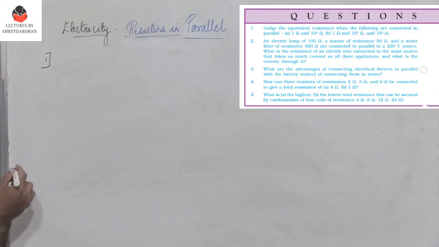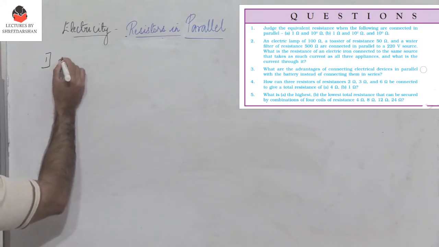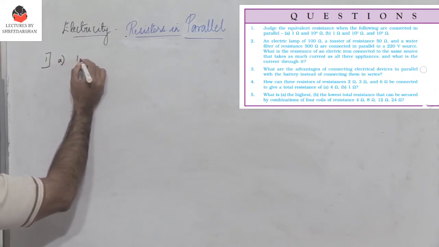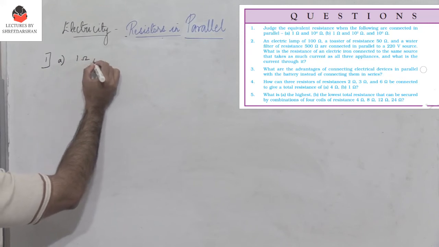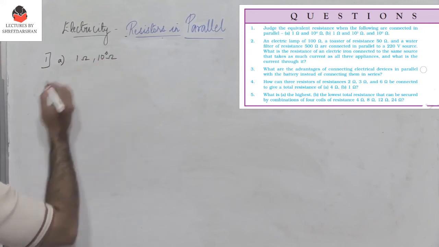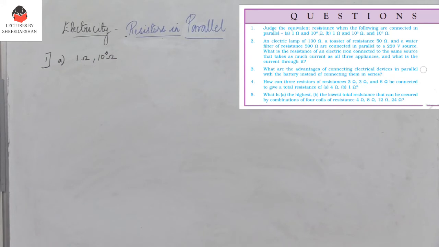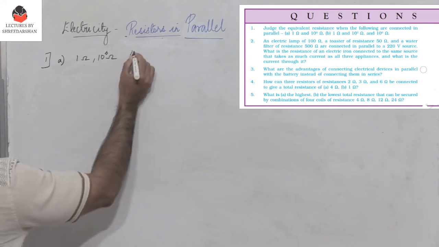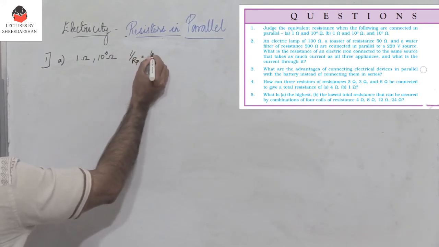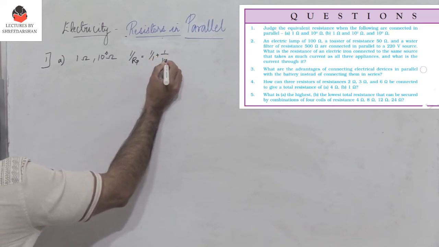Judge the equivalent resistances when the following are connected in parallel. The first one, 1 ohm and 10 power 6 ohms. Since the resistors are connected in parallel, I have 1 by Rp is 1 by 1 plus 1 by 10 power 6.